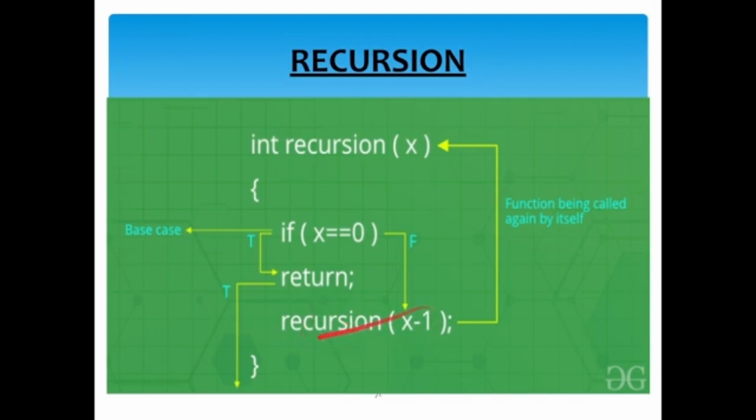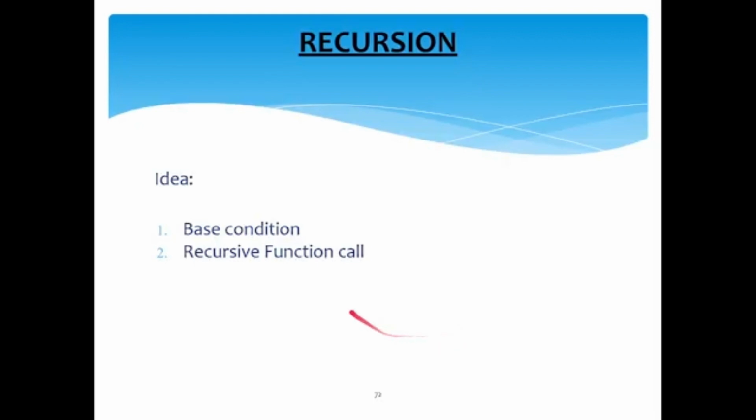This is called recursion. And remember, there is a base case and function call. So two parts, base condition and recursive function call. Recursion, you need to remember there is a base condition and there is a recursive function call.